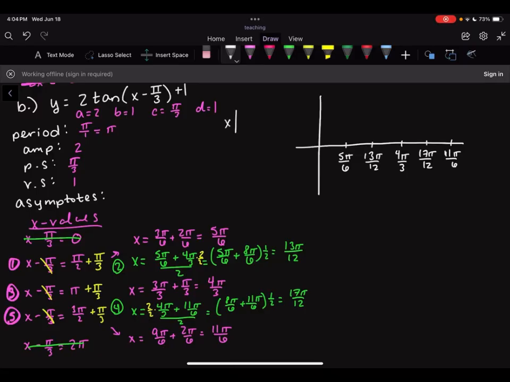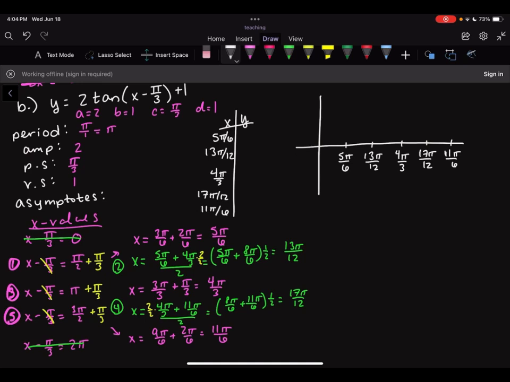Now realistically, I'll tell you that I actually just like to use transformations. Whenever I do tangent, I actually do not like to plug in points. So I'll write you what I mean by that. Let me just write these into my table first.